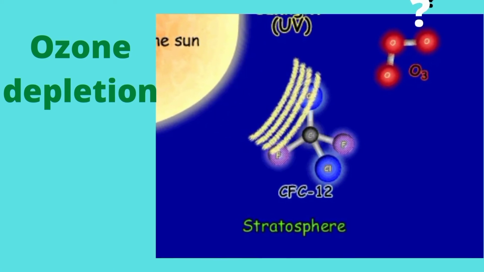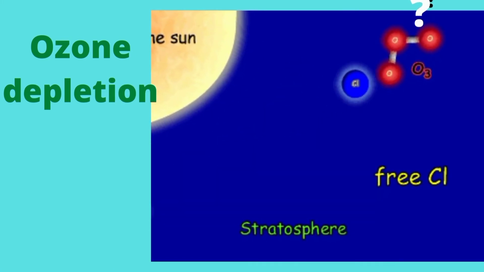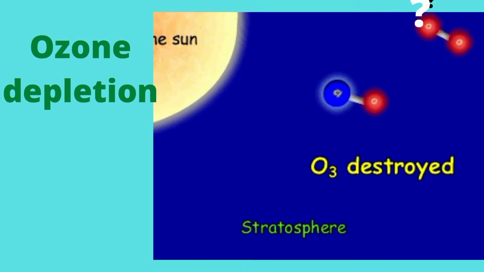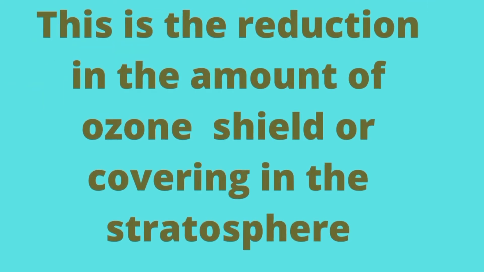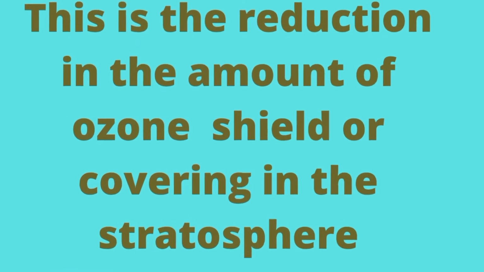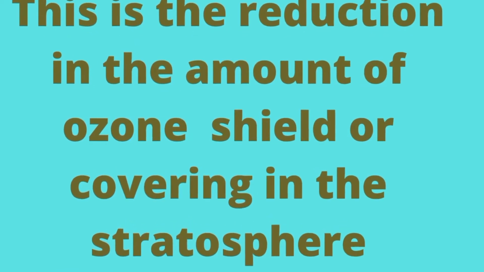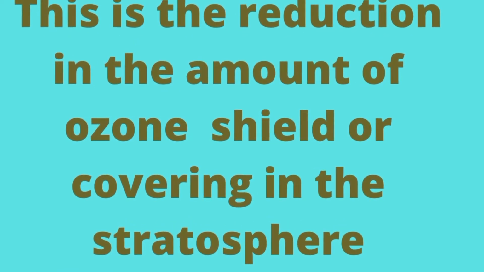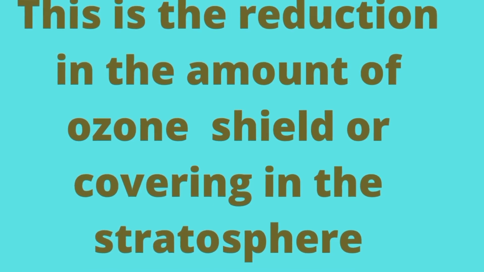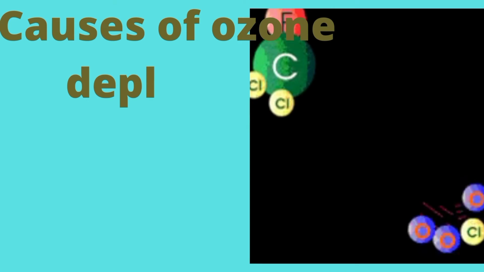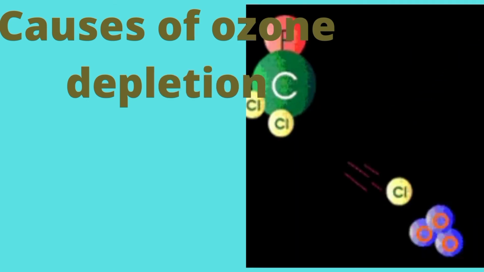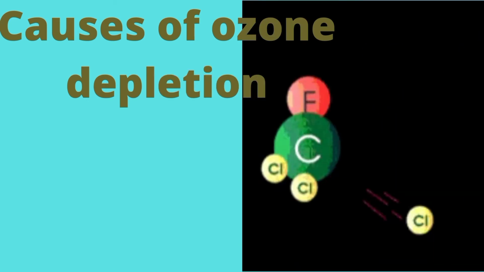Now, ozone depletion. Depletion simply means to reduce. Therefore, ozone layer depletion simply means the reduction of the amount of the ozone gas in the stratosphere, which is not good to we human. What are those things that cause the ozone layer depletion?